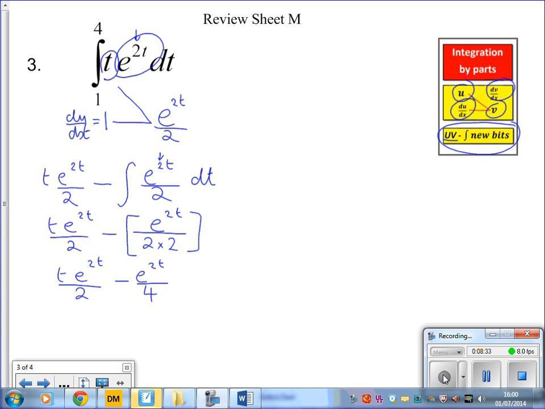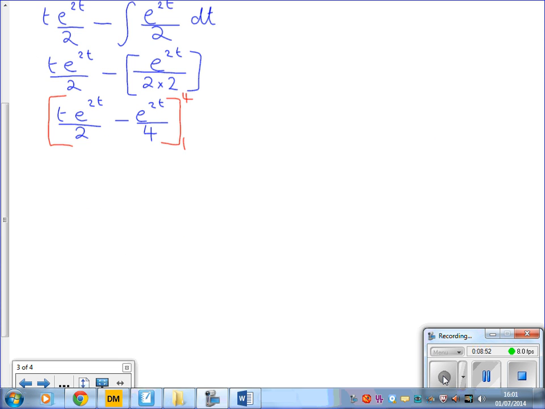So my limits then for this, let's use this pen, I'm integrating between 4 and 1. So now I'm going to substitute in those limits. So the 4, first of all, will give me 4 e to the power of 2 times 4 is 8 all over 2.